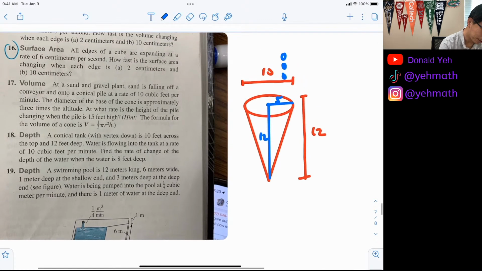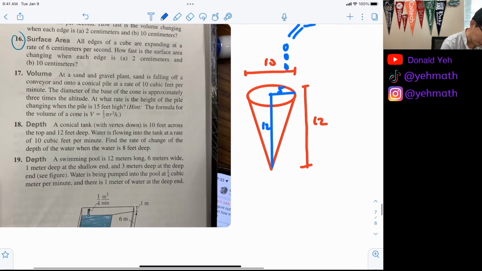It's probably a hose, and the water is coming inside. So there's water here, and the water height is going to be 8. And they're asking you different things. So this is just the drawing.